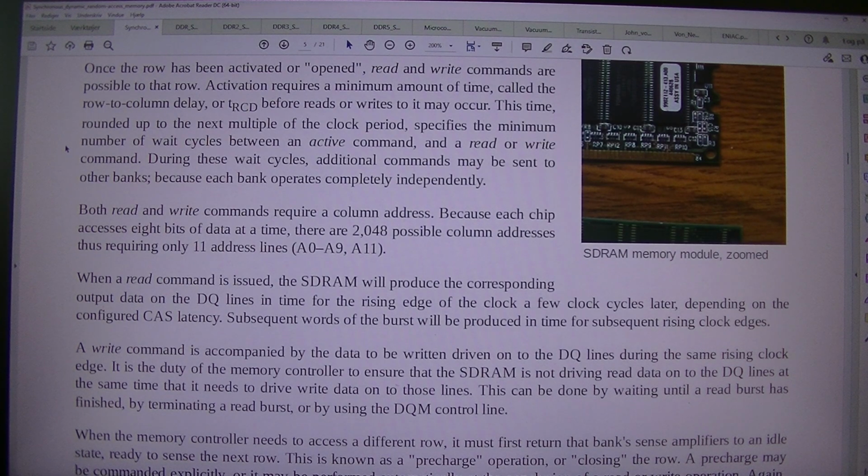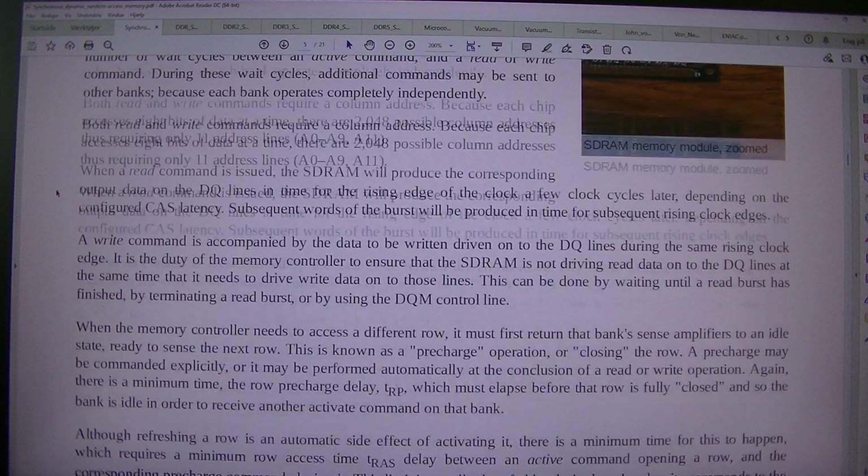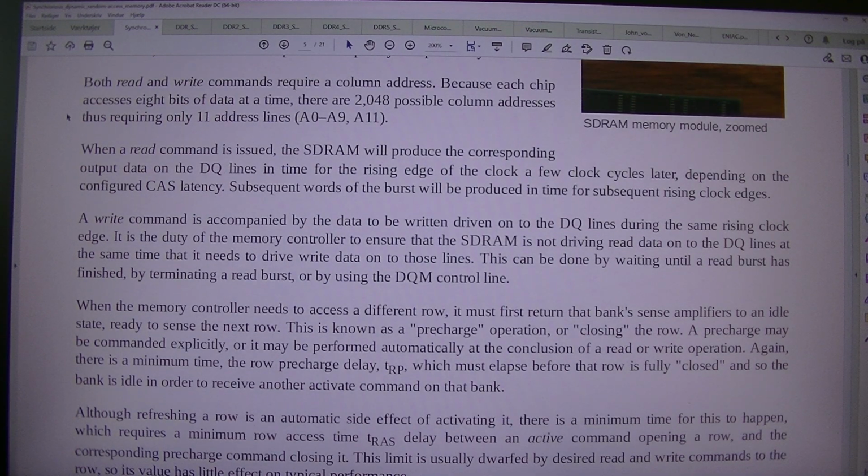During these wait cycles, additional commands may be sent to other banks, because each bank operates completely independently. Both read and write commands require a column address. Because each chip accesses 8 bits of data at a time, there are 2,048 possible column addresses requiring only 11 address lines, A0 through A9, A11.